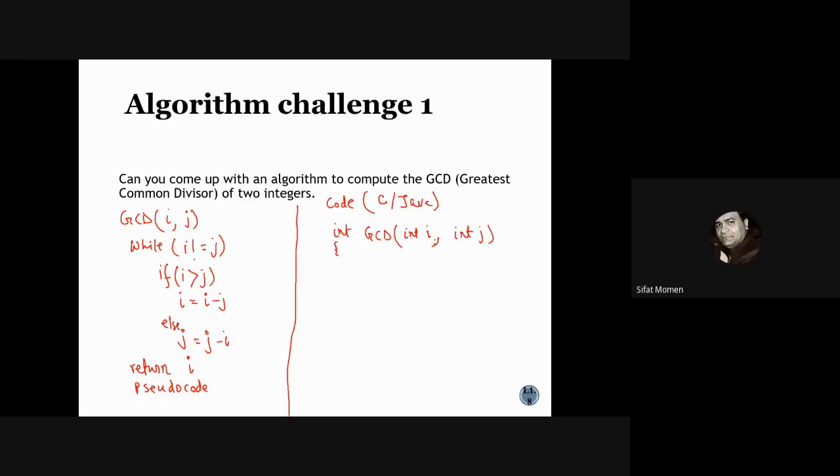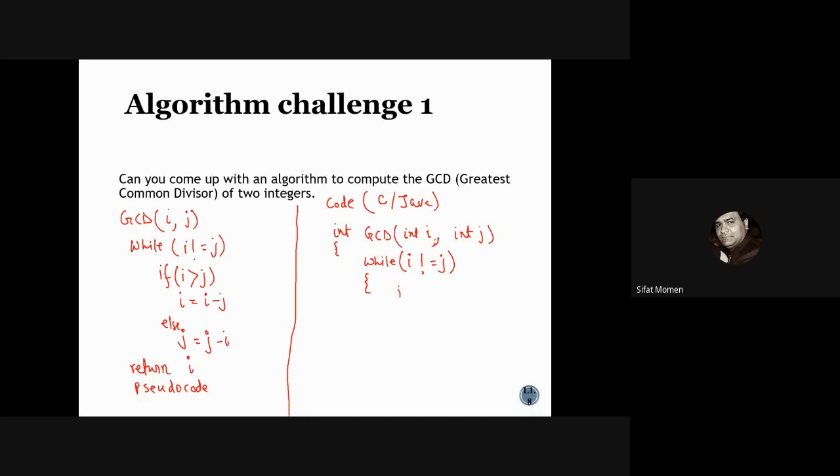The braces say that we started with this function. Inside the function, the first one is while I is not equal to J. So this is as it is. If that's true, we go inside the loop.